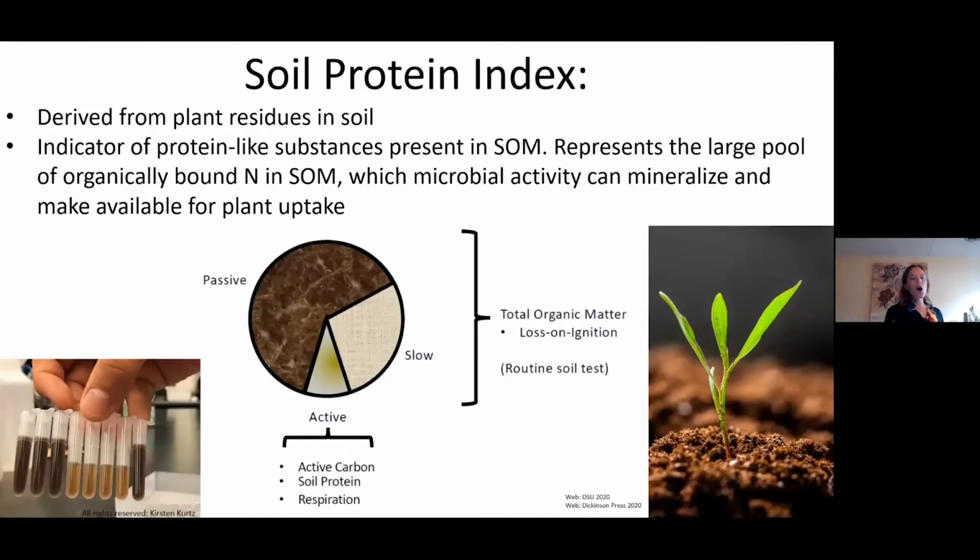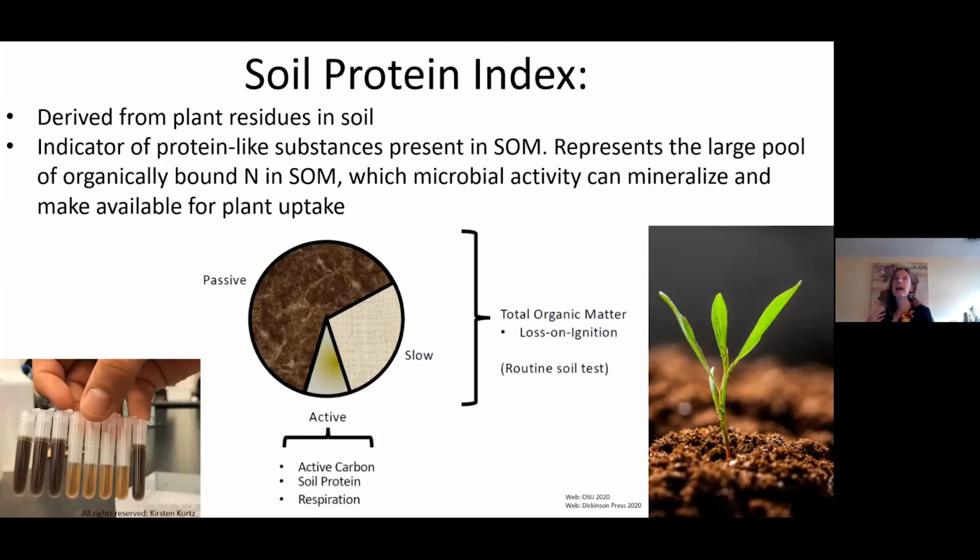All right, so we also look at soil protein in our lab. This is a test that we developed in-house. We've actually developed quite a few of our tests in-house. And soil protein is typically majorly derived from plant residues in soil.